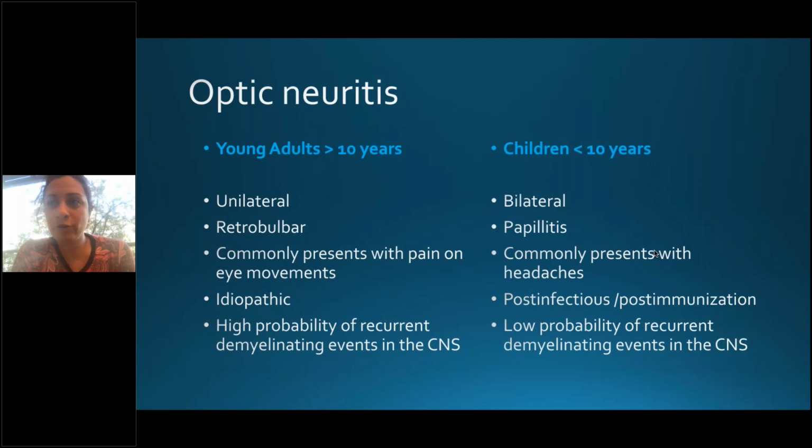Commonly presents with other systemic symptoms such as headaches, and it's not idiopathic. It's more normally post-infectious or post-immunization, and there's a low probability of recurrence or demyelinating events in the CNS. But we still have to follow up both groups to see which category they fall into.